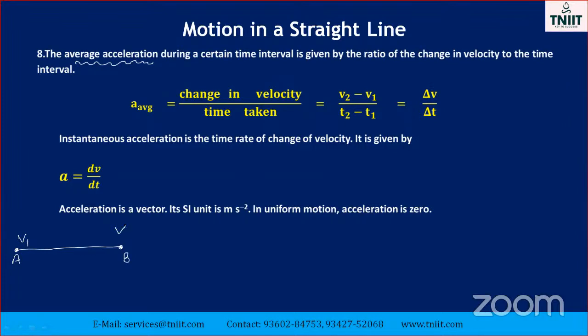When it reaches the final point, let us say the velocity is v2. So clearly this tells, whenever the particle is moving, it is moving with different velocities. The velocity keeps on changing.